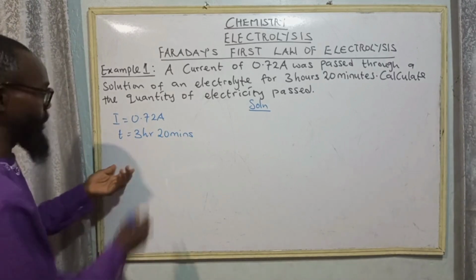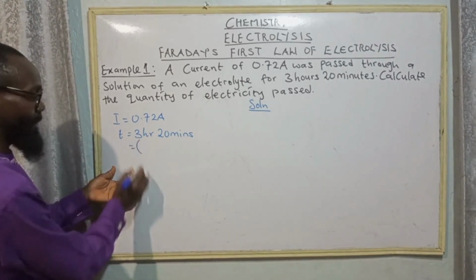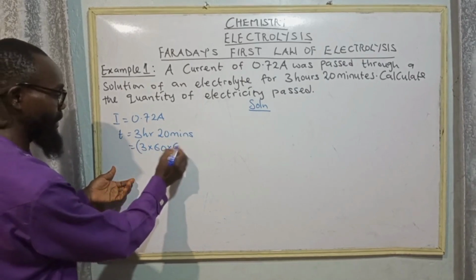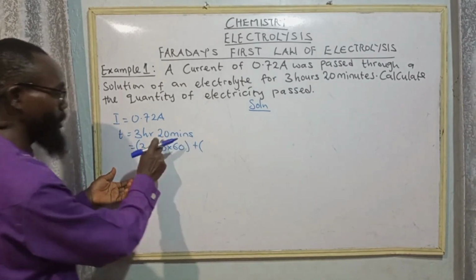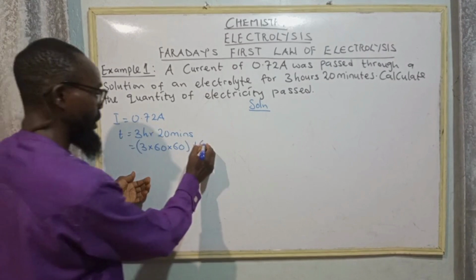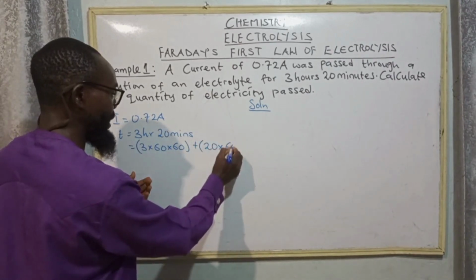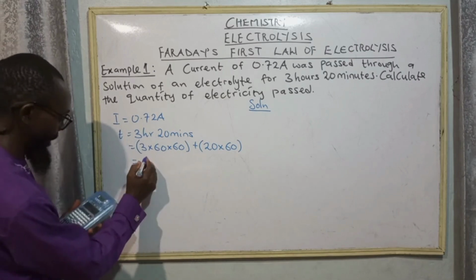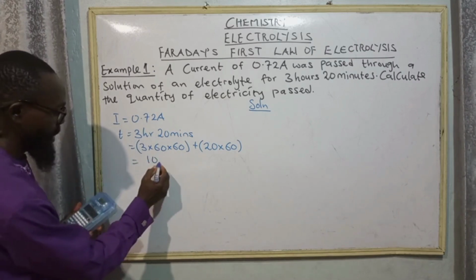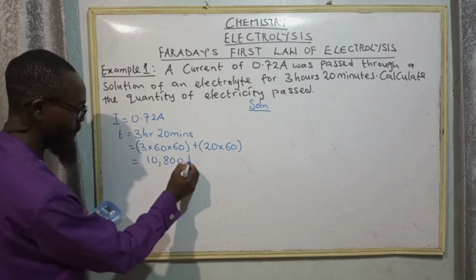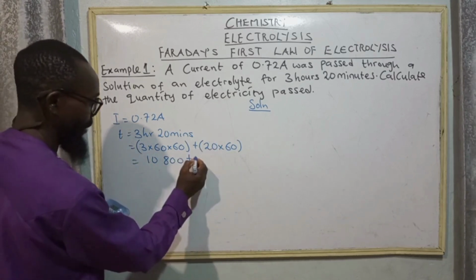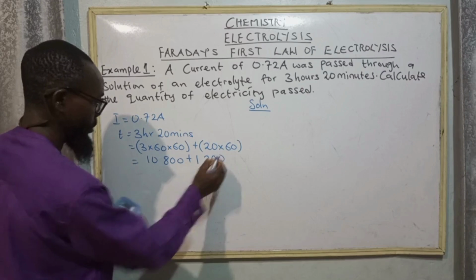So this will be converted to seconds. 3 hours will be converted to seconds: 3 multiplied by 60 times 60. Then plus 20 minutes converted to seconds: 20 multiplied by 60. Now we multiply this. What do we have? Here we have 10,800 plus 1,200.